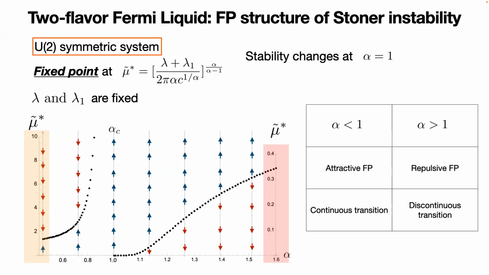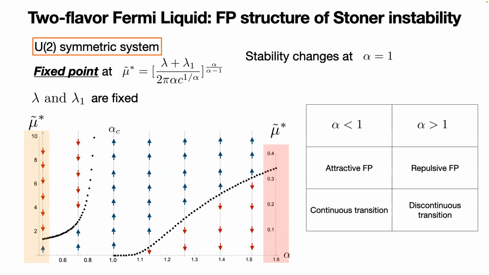But when alpha is larger than 1, the fixed point is no longer stable, it's unstable. So we can keep track of the RG flow going to infinitely large chemical potential or zero chemical potential. So this indicates a first order phase transition.